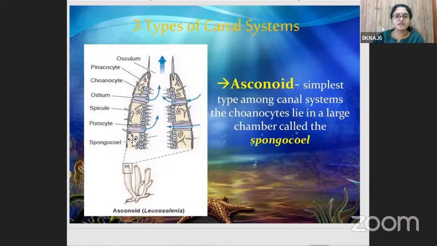Now there is a gelatinous mesoglea or mesenchyme which is present between the dermal and the flagellated layers, and it has numerous different kinds of amoeboid cells in the middle. There are a large number of pores, chambers and canals present throughout the body.